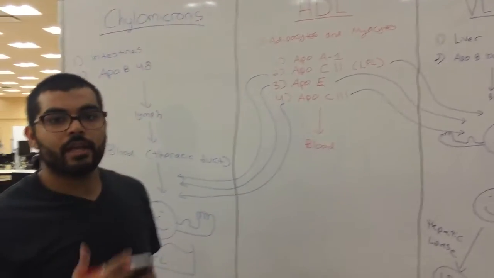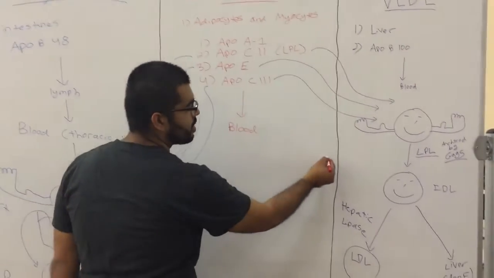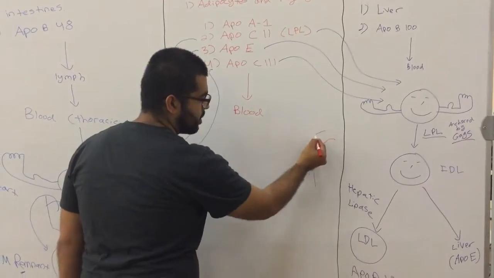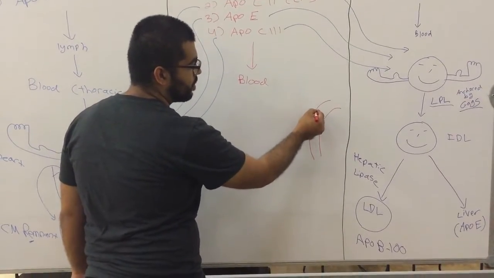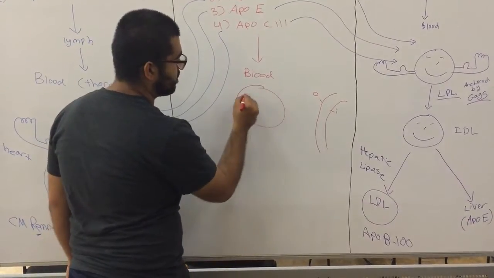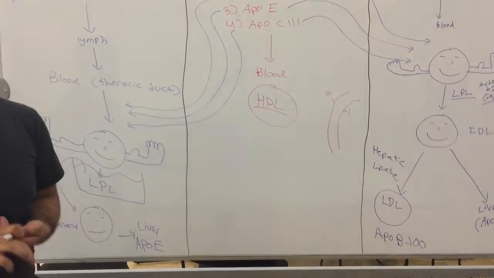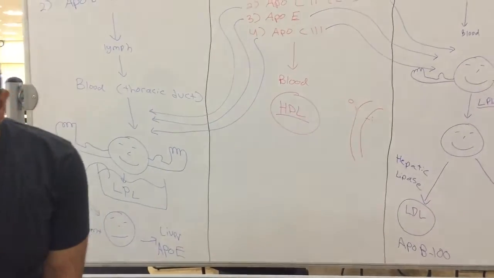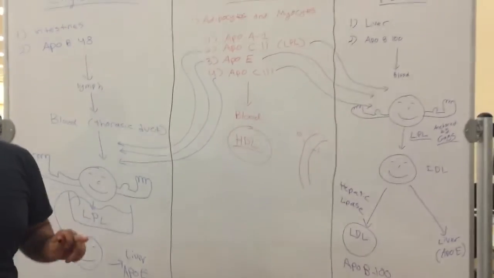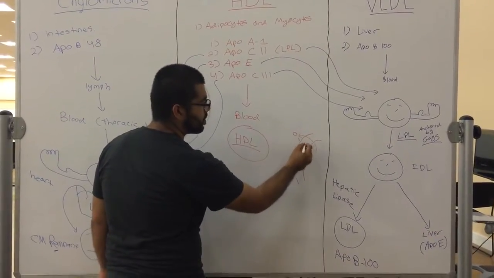it's going to interact with cells. Let's say any cell, right? So let's say this is the cell membrane. This is your outer, this is your inner, and this is our HDL. First thing is first, we need cholesterol to go from the inner membrane to the outer, right?